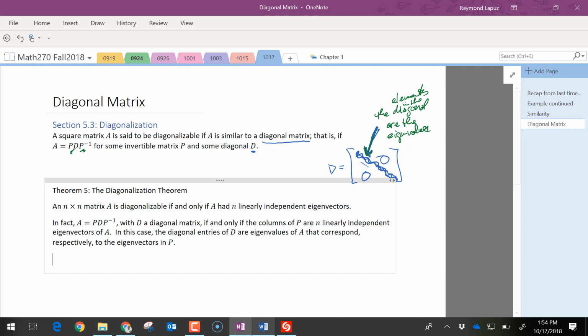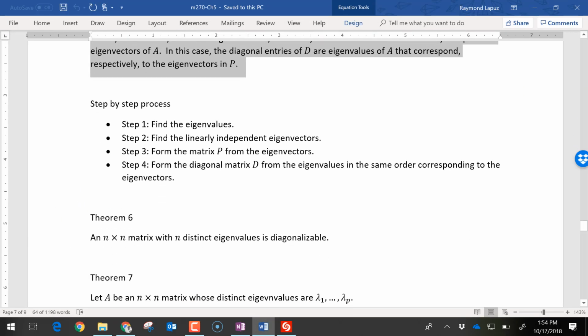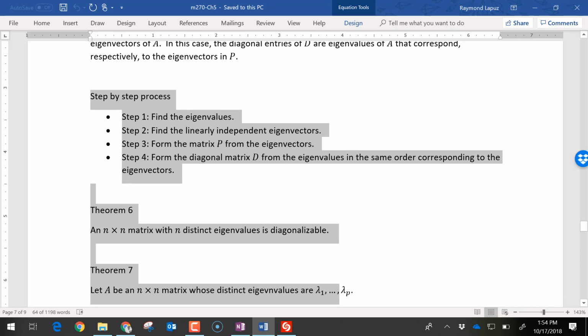All right, let's see if we can find some examples here. Oh, here's an algorithm, and a couple more theorems.